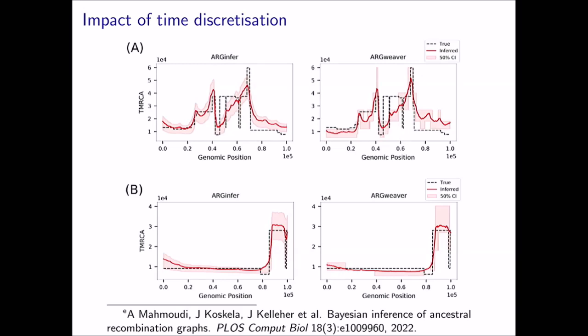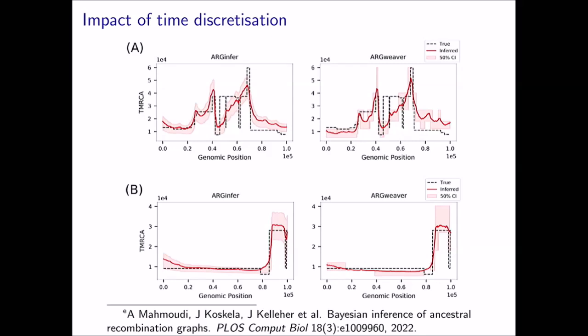This slide is studying the impact of the time discretization error in ARGWeaver. ARGinfer on the left-hand column is our method, and it's inferring ancestral population size backward in time. The left-hand end of each diagram is the present day, and the dashed line is the true ancestral population size from which we've generated data.